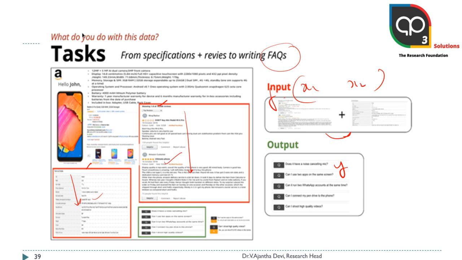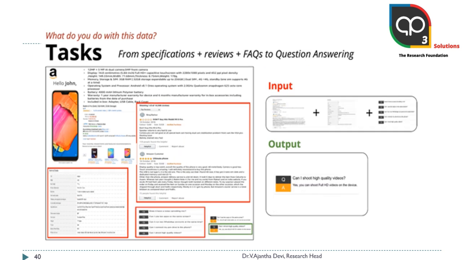Now another task that you can do is, given the information about the reviews, x1, the product specification, x2, and the FAQs, x3, you can answer any questions which a random user is asking.